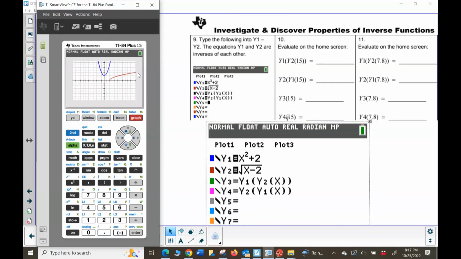And we can talk about why that's not the whole thing there, because this is not a function. If I extend this out, I could put the negative square root of the quantity x minus 2 to get that, but I'm fine with that for right now.